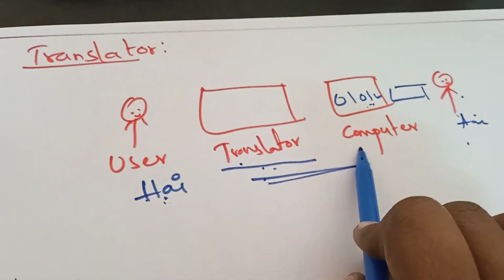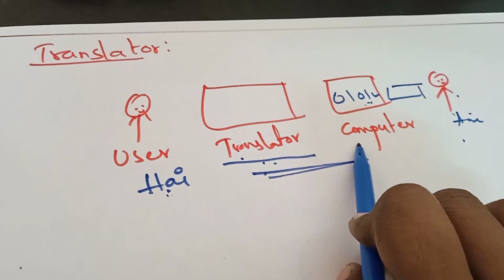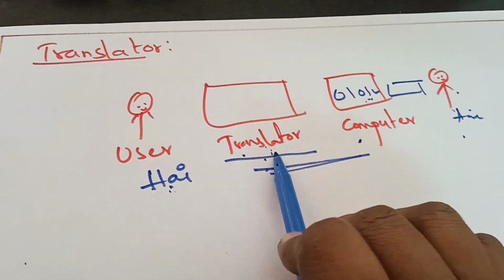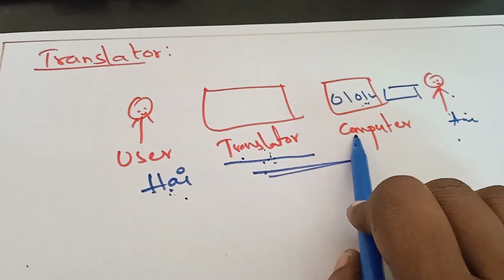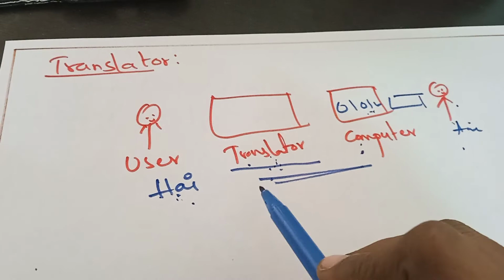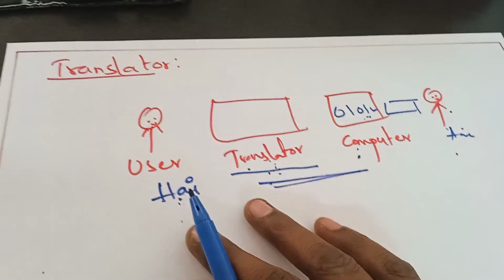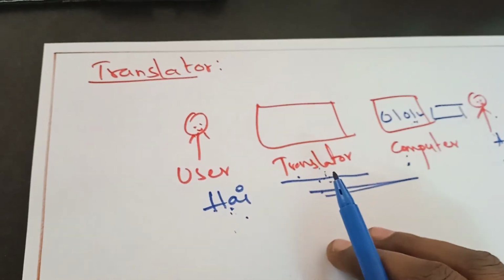So programming is required, and these translators translate the message of the user to the computer, so that we get the answer back. This is exactly what happens in computers.